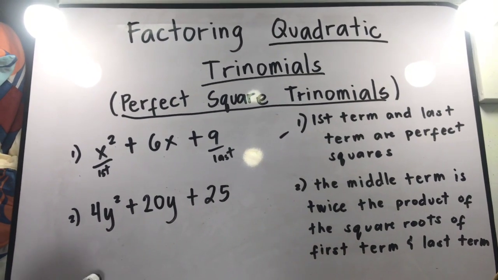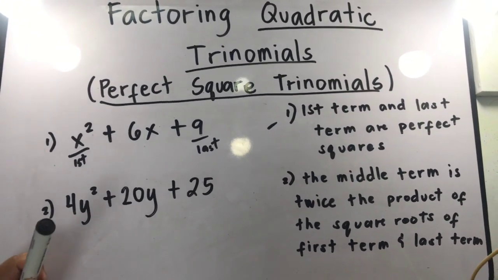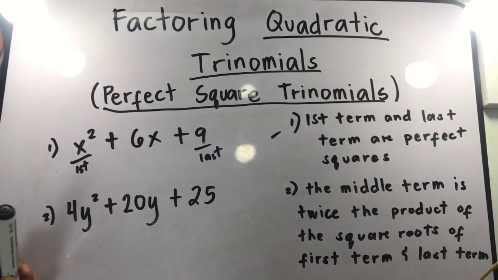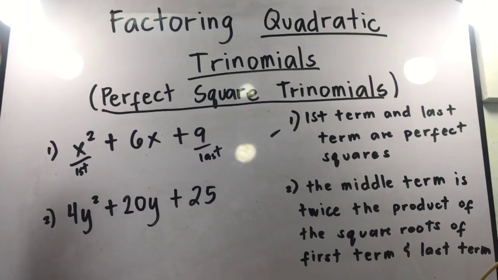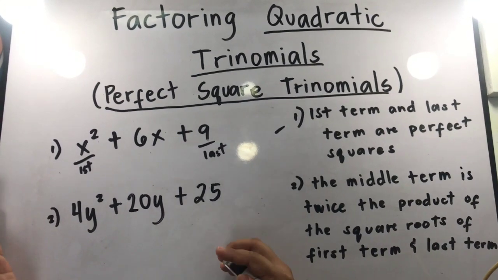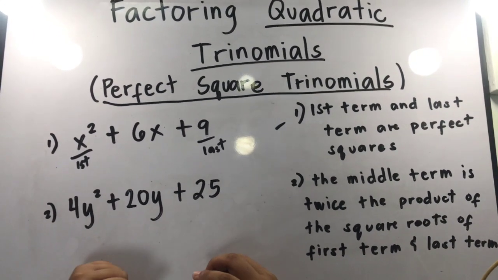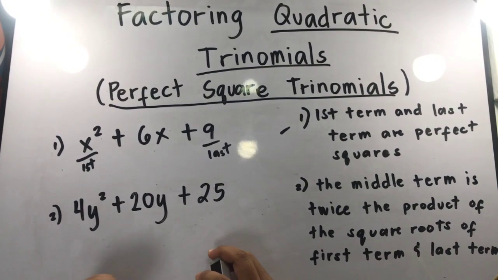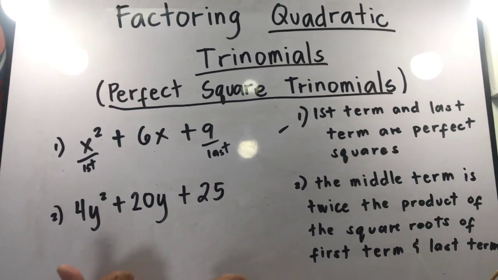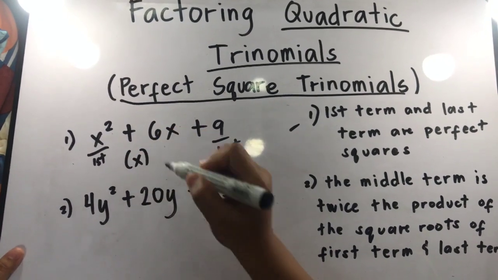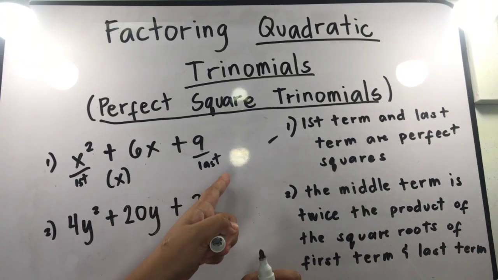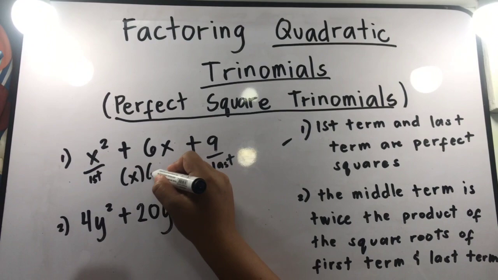Try na natin ngayong second. Ang sabi, the middle term is twice the product of the square roots of the first term and last term. So kunin muna natin ngayong square root ni first term and last term. What is now the square root of x squared? Simply divide the exponent by 2. Therefore, the square root of x squared is x. Then, square root of 9, that is 3.